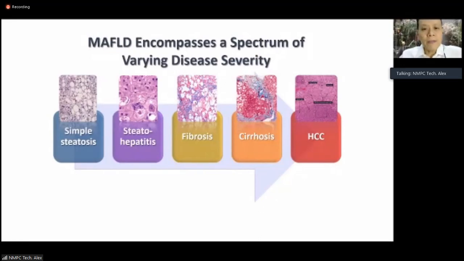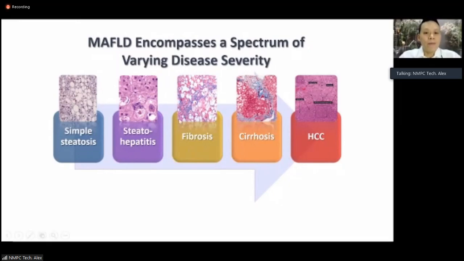Okay, so how does fatty liver disease cause liver injury? The way to imagine it is that the liver is very much like our skin. When you have an injury, your skin will form scar tissue. The same thing happens with your liver. If you have injury to your liver, then fibrosis happens, or scar tissue formation.